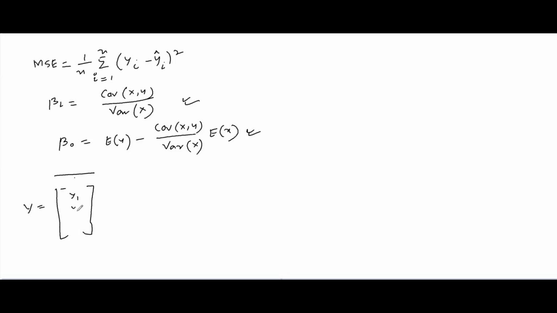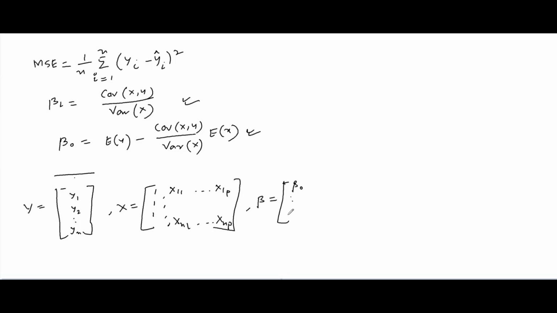So it will be y1, y2, up to yn, suppose we have n values, and we will have 1, then x11 to x1p, suppose we have p number of features, up to xn1 to xnp, and then beta will also be beta 0 to beta p, because we will have this many coefficients.